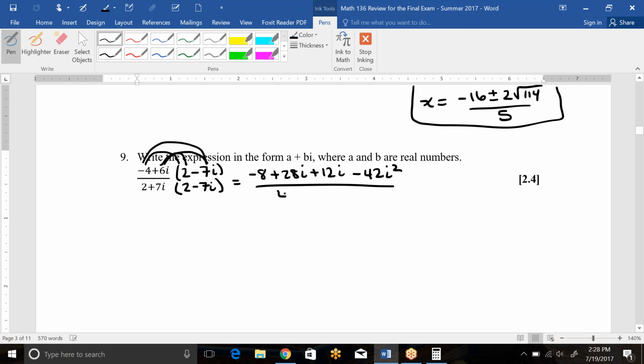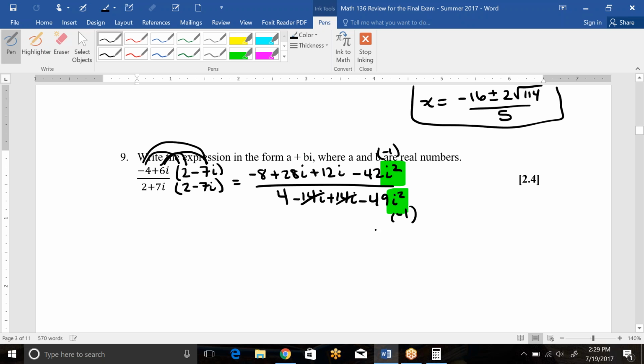On the bottom, we have 2 times 2, which is 4. We get a negative 14i and a positive 14i, and then we get a negative 49i squared. Anytime you have an i squared, remember that really turns back into negative 1. So both of those are just negative 1. The bottoms have a middle canceling, by the way.